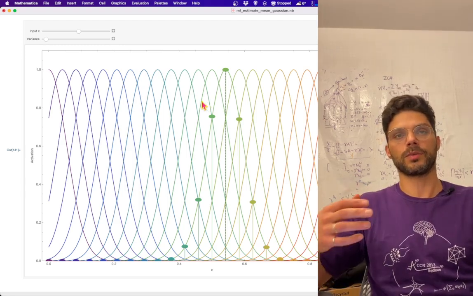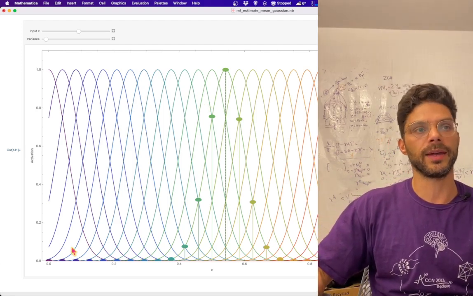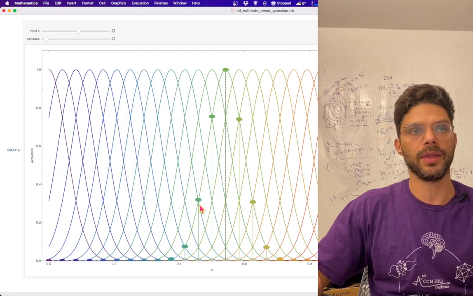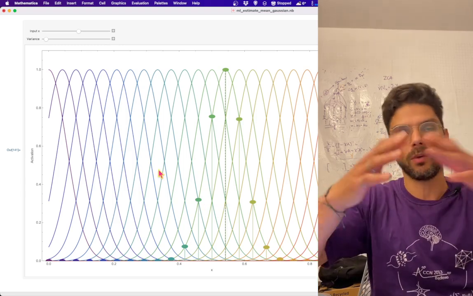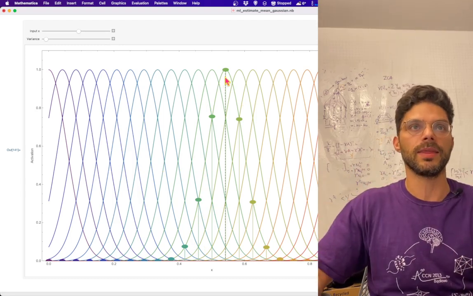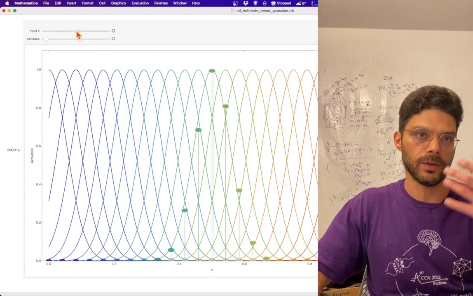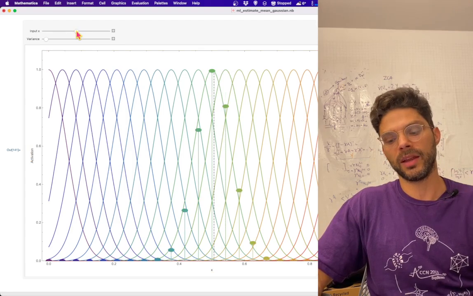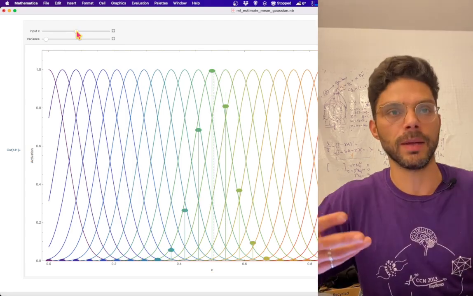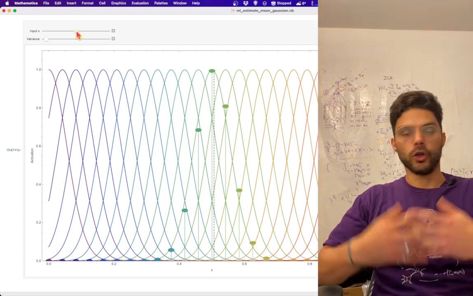So essentially, the point is to show you that the encoding we're getting looks like 25 different numbers, and depending on how wide these tuning curves are, most of them will be zero. But the few basis functions around the input value will be active. And that's the input that's going into your prediction.